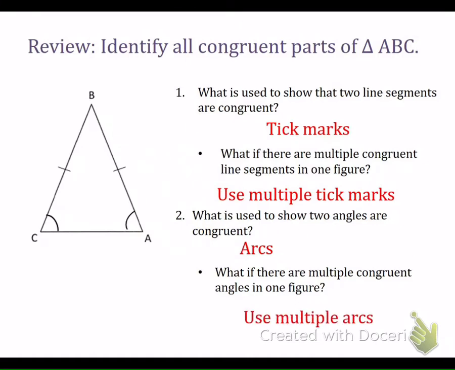So if two angles are congruent and you want to show that another two are, you would just use maybe 2 arc marks on each angle or 3 arc marks on each angle, okay? As long as they're marked in the same way, same number of arc marks or same number of tick marks, those are the ones that are congruent, okay? Because we're going to be looking at congruent triangles, and when the triangles are congruent, all 3 sides match and all 3 angles match. So we're going to have to mark a lot of things congruent.